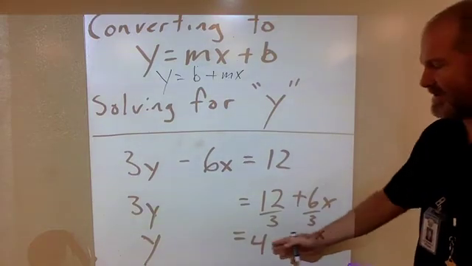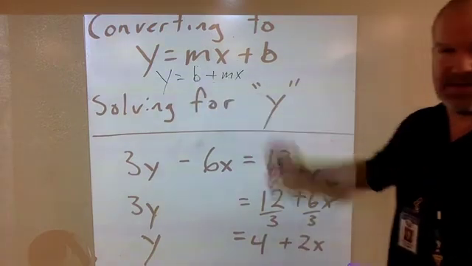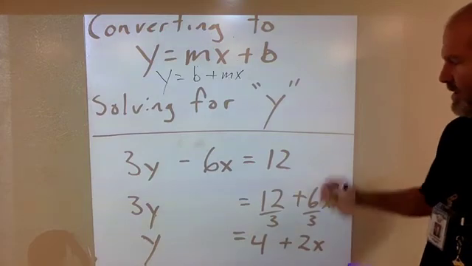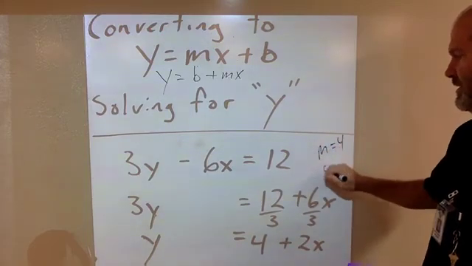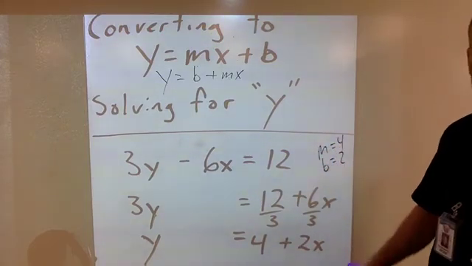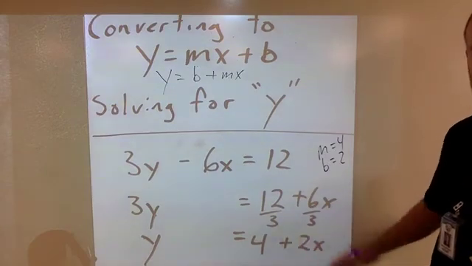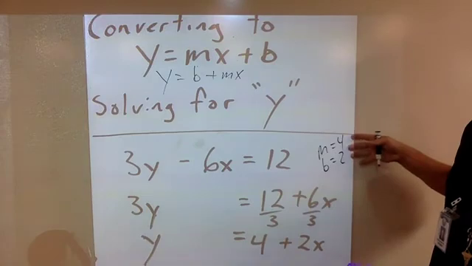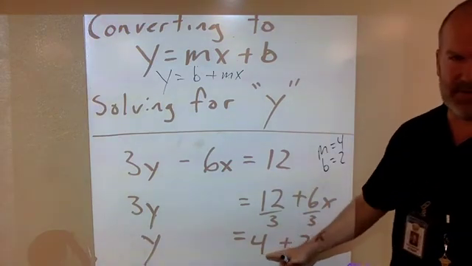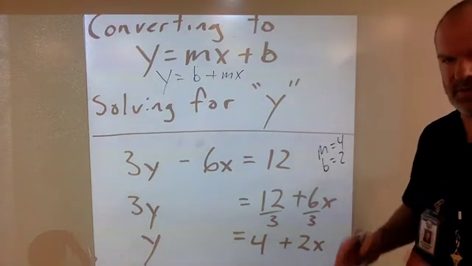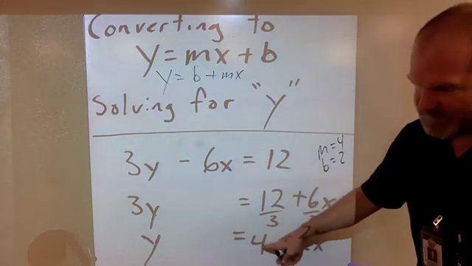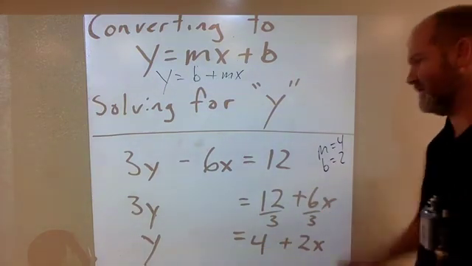So the problem is that if it's in this form, b plus mx, and you get this on a test, people are going to want to say slope is 4 and b is 2 because you're so used to slope showing up first and b being second. Don't make that mistake. This is incorrect. Just because the number comes first doesn't mean it's the slope. It's the number with x that is the slope. So 2 is the slope, 4 is the y-intercept.